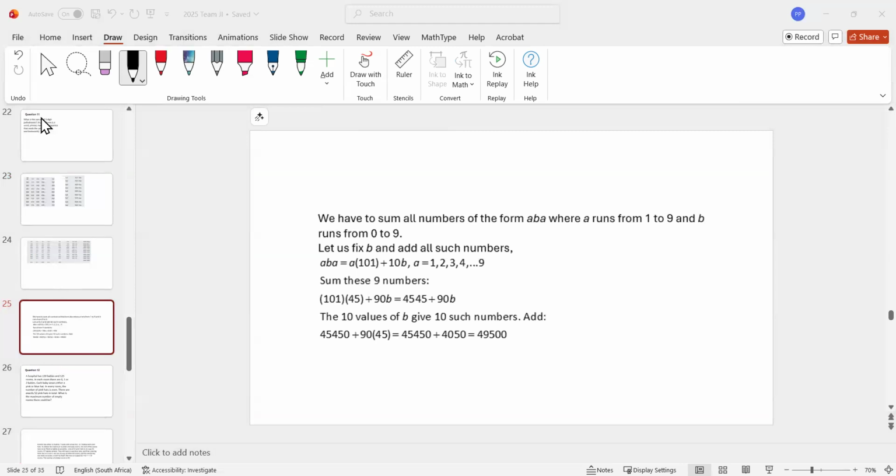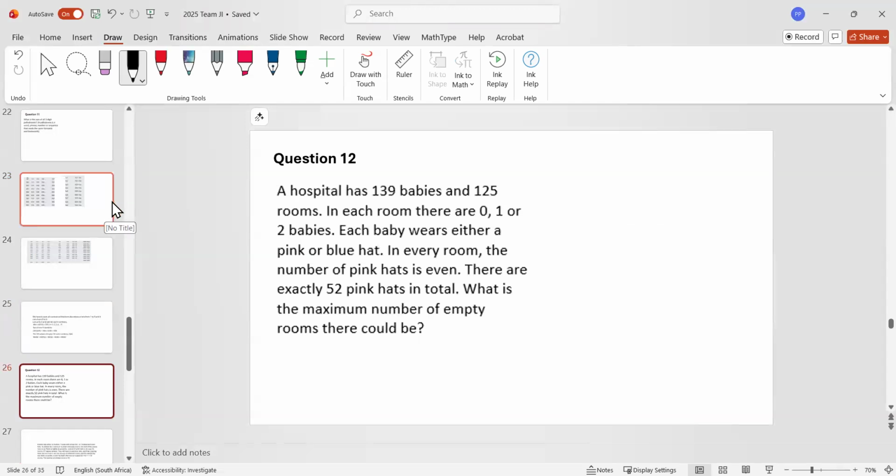All right. So the next problem that we want to tackle is question 12. A hospital has 139 babies and 125 rooms. So you've got far more babies than rooms.